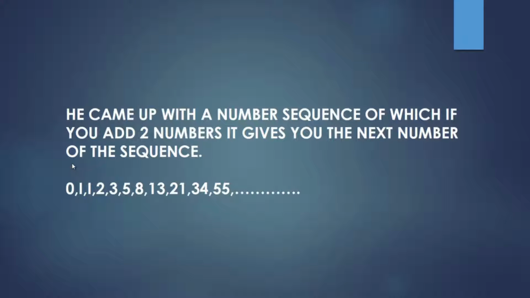He came up with a number sequence in which if you add two numbers, it gives you the next number of the sequence. For instance, 0, 1, 1, 2, 3, 5, 8, 13, 21, 34, 55. The sequence goes on and on.